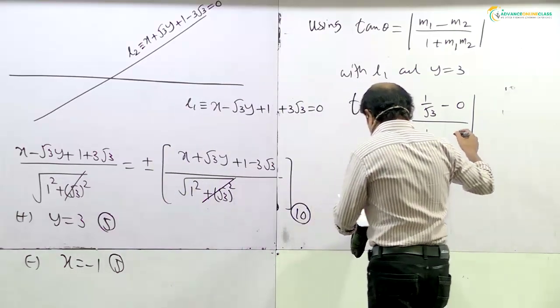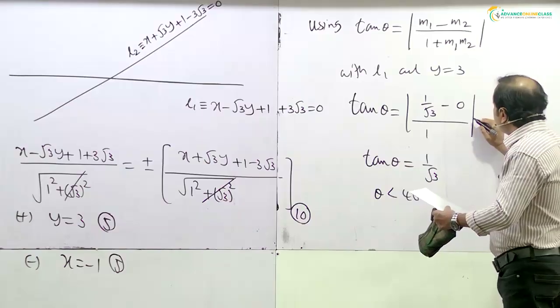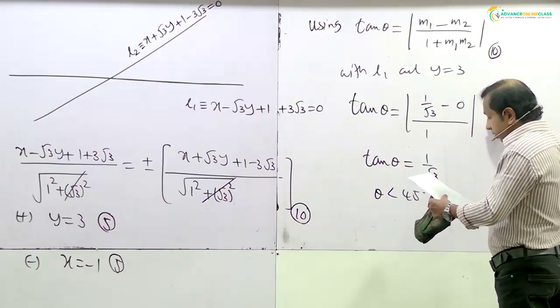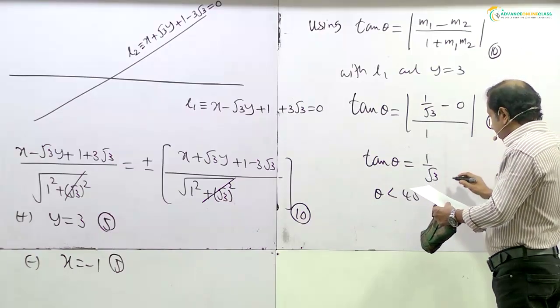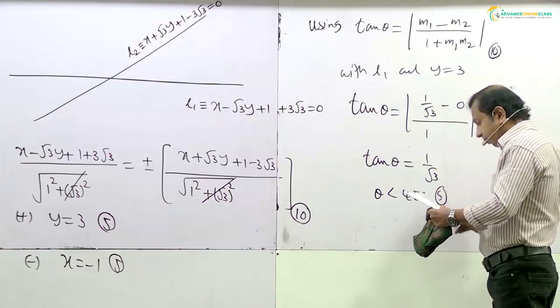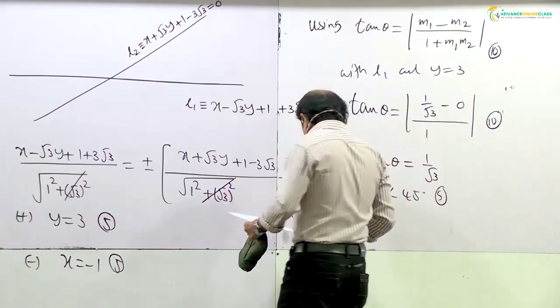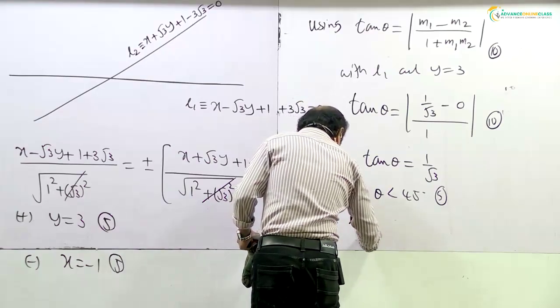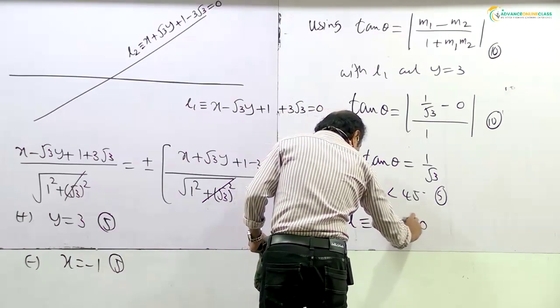Therefore, you can write. You are given marks here. Write in this 10 marks given. This is 10 marks, and this is 5 marks. And therefore, L, the acute angle bisector, is y minus 3 equals 0.